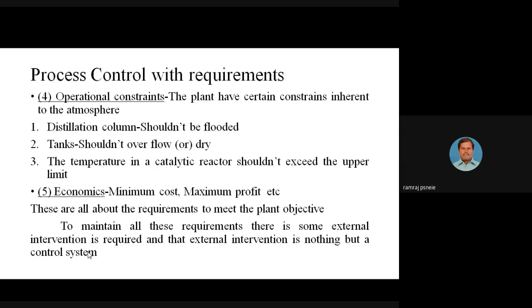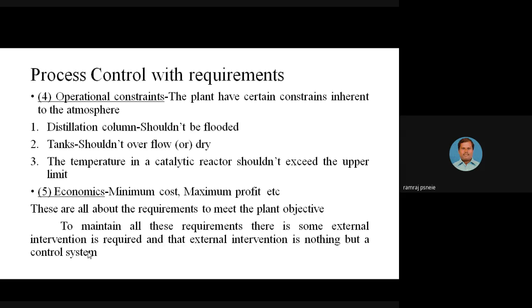Fourth one is operational constraints. The plant has certain constraints inherent to the operation. First one is the distillation column. In the distillation column, the flow should not be flooded. Second one is tanks. Tank should not overflow or go dry.